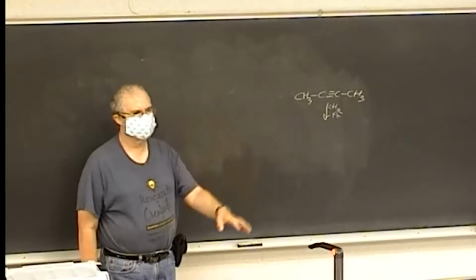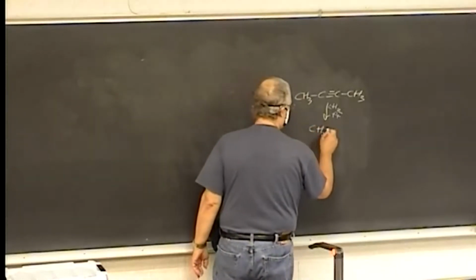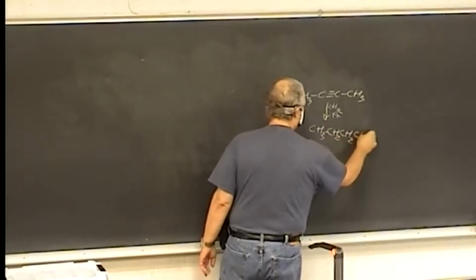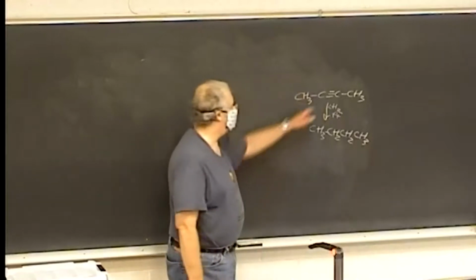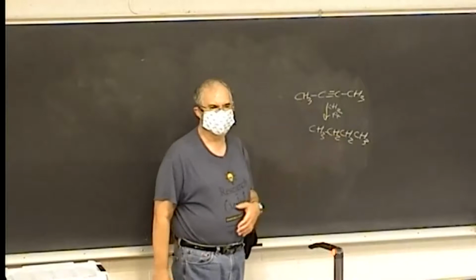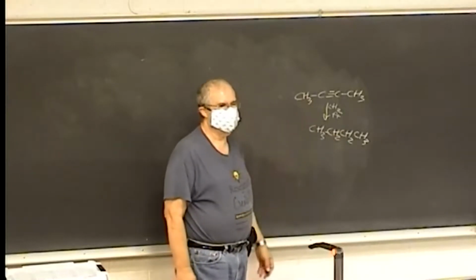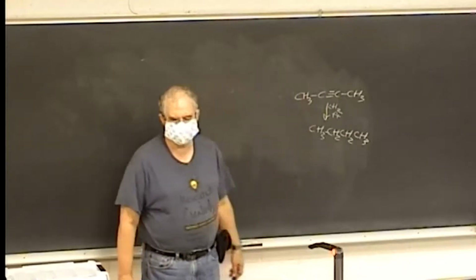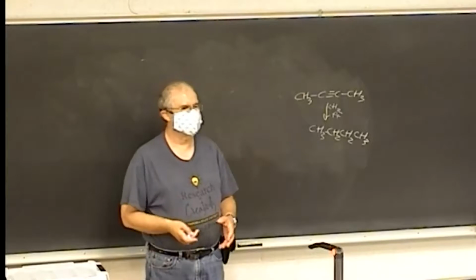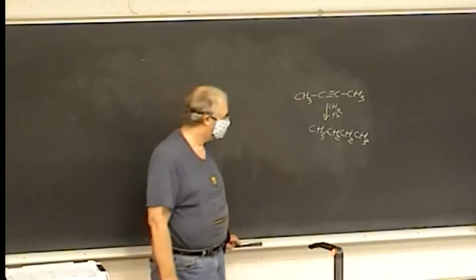Usually it'll just go all the way to the alkane. We've added 2 hydrogens to each side, and we end up with a single bond. If you use a deficient amount of hydrogen, say just one equivalent, you're going to get some unreacted alkyne. Some of it will go all the way to alkane.